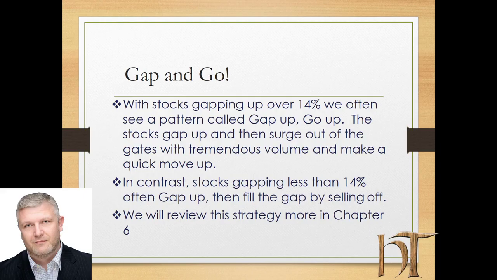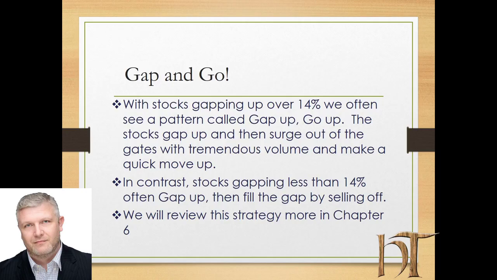In contrast, stocks gapping up less than that amount, so if you're getting 12, 10% or less, they often sell off and they fill that gap. I'll review that a little bit more in one of the later chapters. It's kind of a gap down, go down.